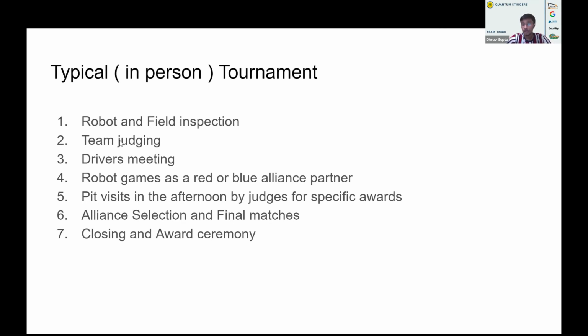Team judging is a 10 to 15-minute interview that happens in the morning, where your team has 5 minutes to give a presentation and then 10 minutes to have questions asked of them by at least 2 judges. If you want to learn more about team judging, you can check out one of the other presentations that we created, the judging presentation.